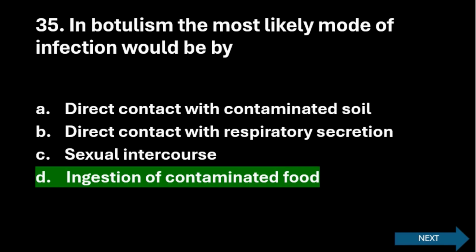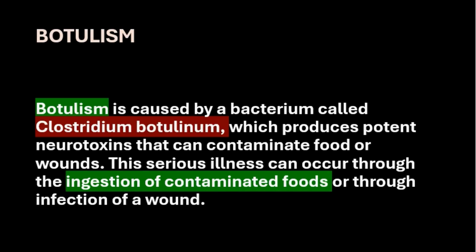Botulism is caused by the bacteria Clostridium botulinum, which produces a potent neurotoxin that contaminates food or wounds. This can occur through ingestion of contaminated food or through infection of a wound.